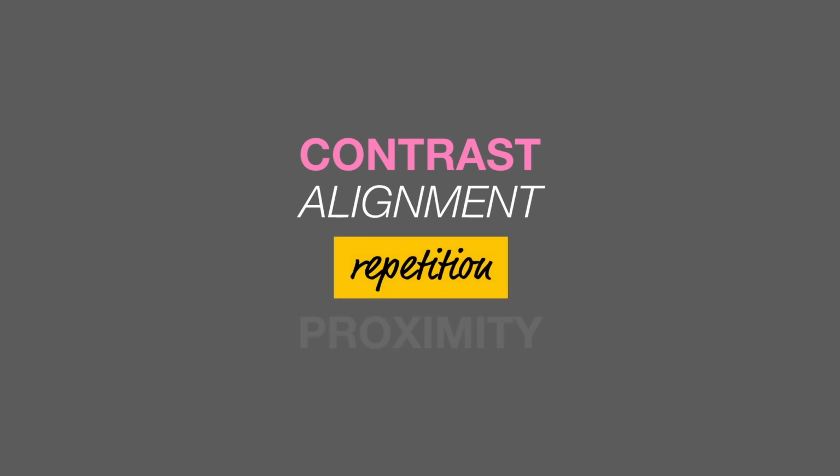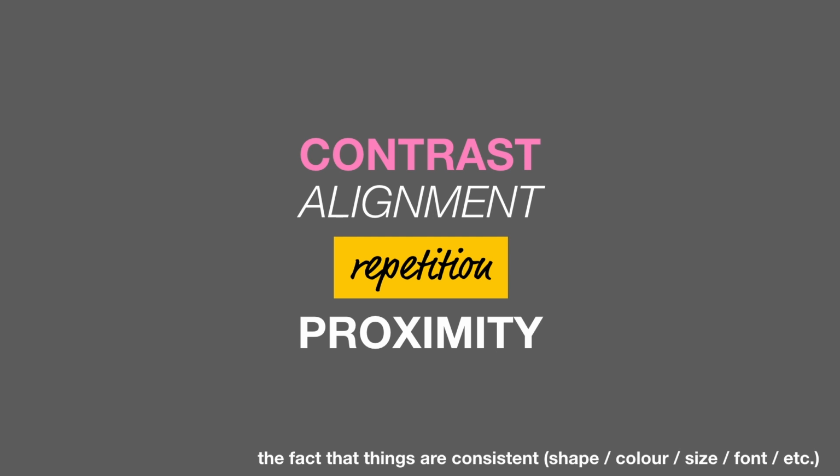A third principle, repetition. So when you start to see things which are not consistent, you start to notice a problem. And in this case, I've disturbed the order of colors and I've disturbed as well the typefaces. So repetition itself is not repeated. So what does it say about the designer? Well, it's whether to put emphasis on one particular element or when there are too many different elements and no repetition.